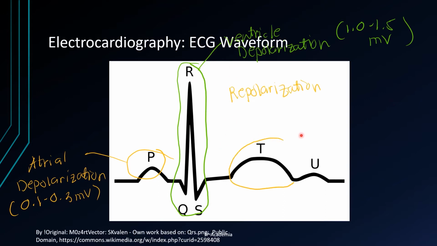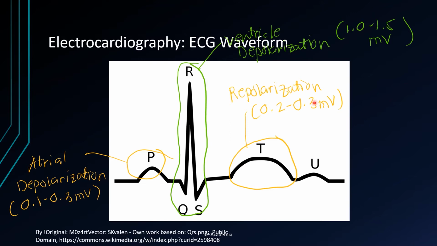Next, we have the T wave, and this is due to the potentials created as ventricles recover from depolarization. It happens commonly in ventricular muscle about 0.25 to 0.35 seconds after depolarization. The T wave is called the repolarization wave.